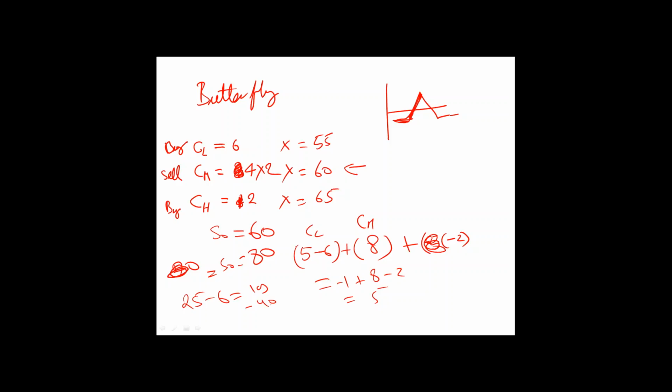And at the same time it gives me a premium of 8. And the third one, 65, gives me a profit of 15, and the premium gone is 2. Now what will be the net? Somebody calculate and tell me.